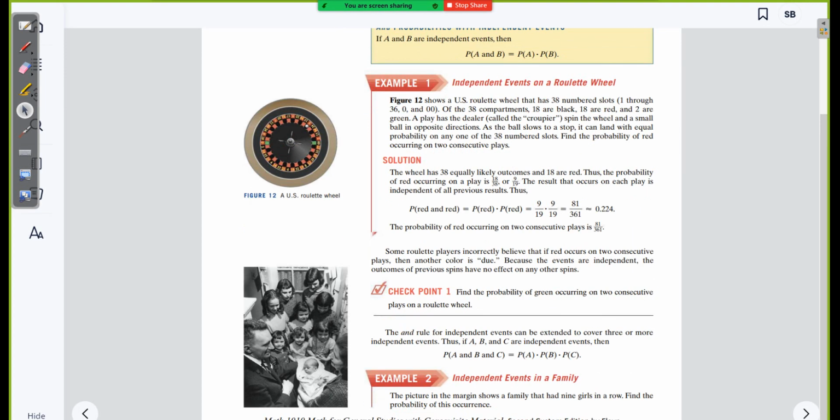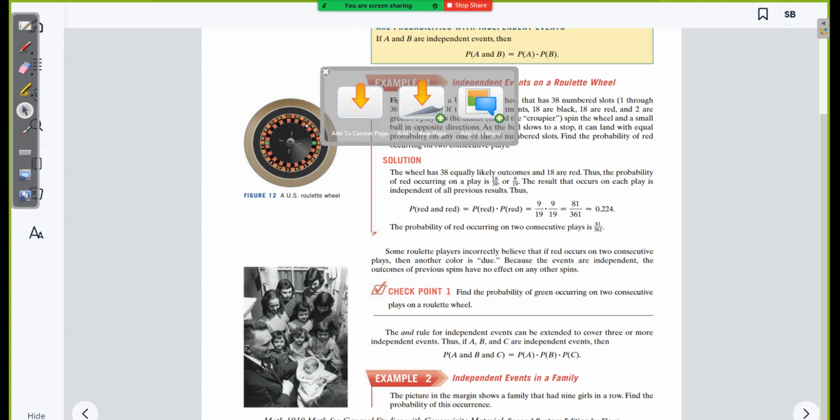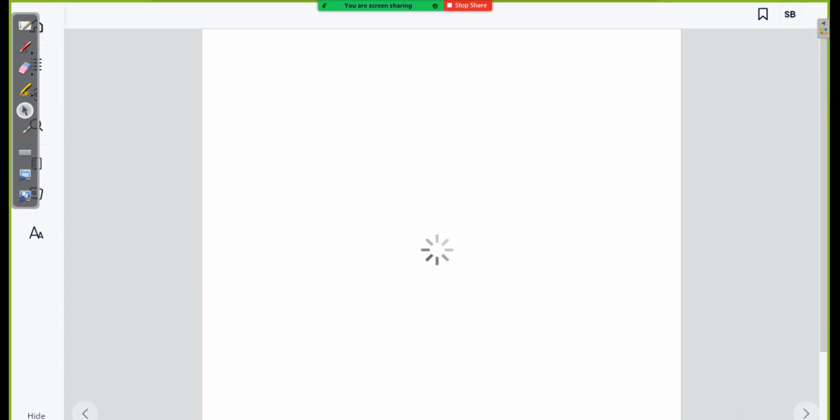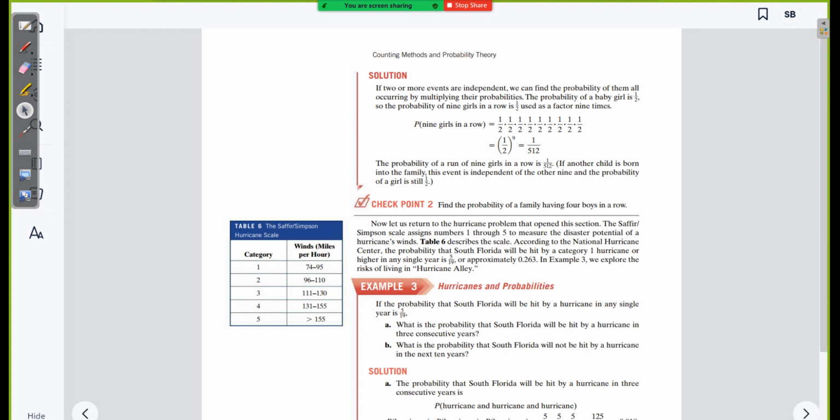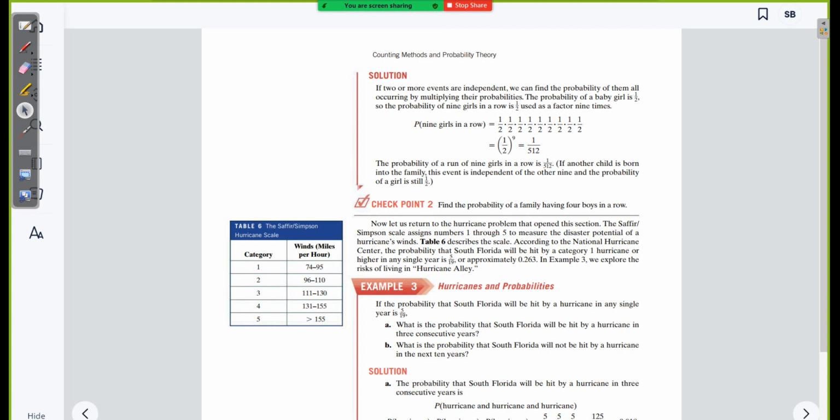Okay, so next up we're going to have a large family. Alrighty, well, I guess we should bring the picture since it references it.